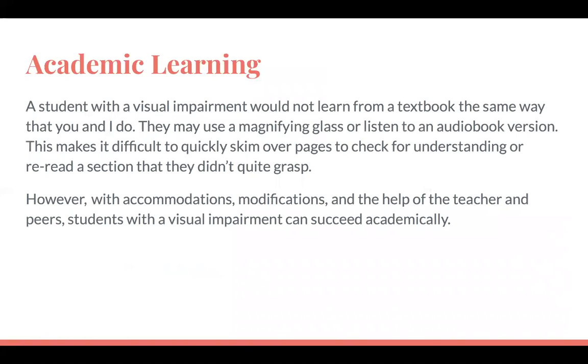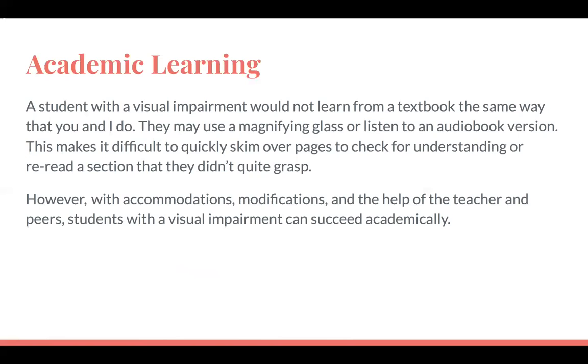Like I mentioned, the student with the visual impairment is not going to learn the same way from a textbook that we do. They may use a magnifying glass or listen to an audiobook version, and these can make it difficult to quickly skim over pages to check for understanding or reread a section that they didn't quite grasp. And that's something that I personally do often.